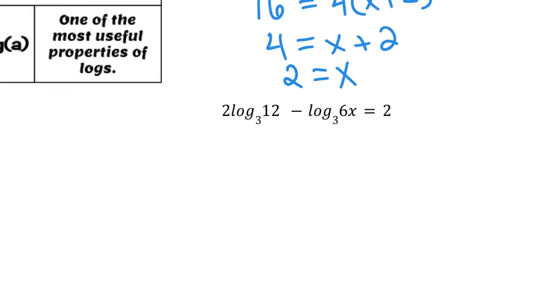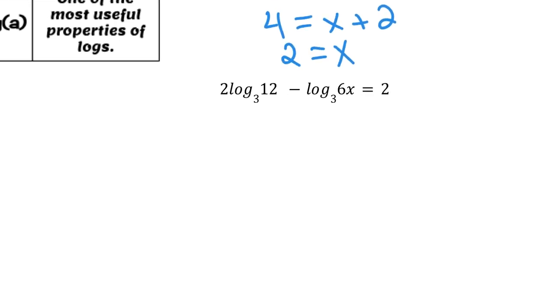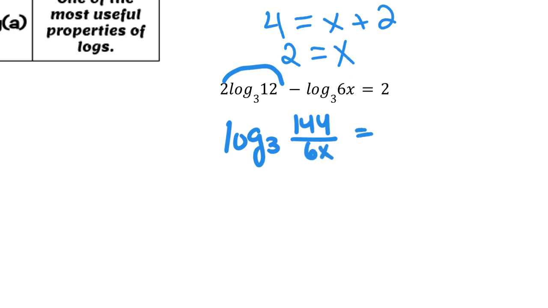Okay, we got one more. Ooh, this one's got all kinds of stuff going on. First thing we're going to do is slide our power over, which is going to give me log base 3 of what? Which is very good. And then what? Good. Then we're ready to lasso, right?